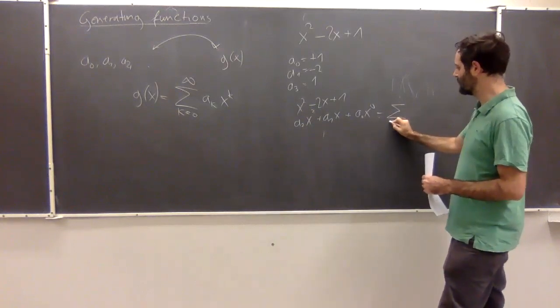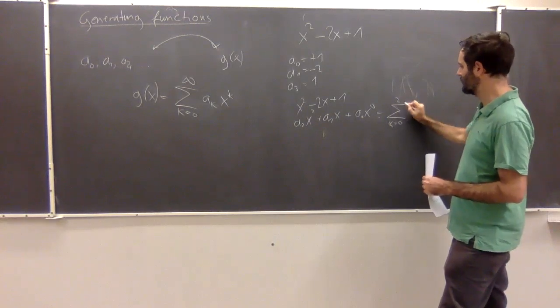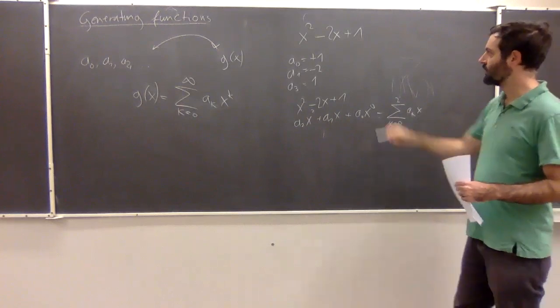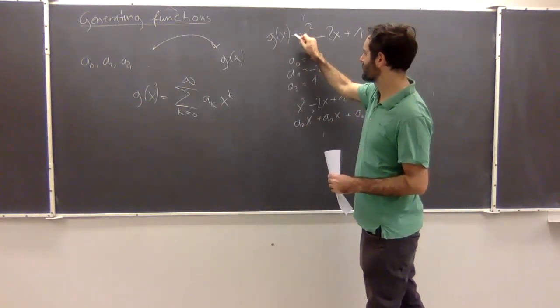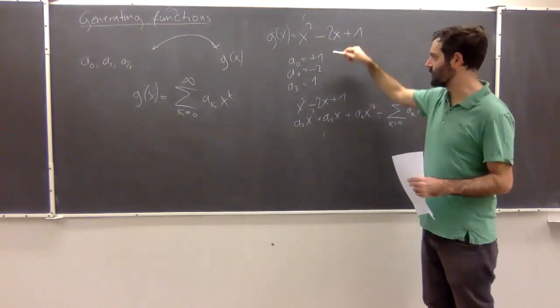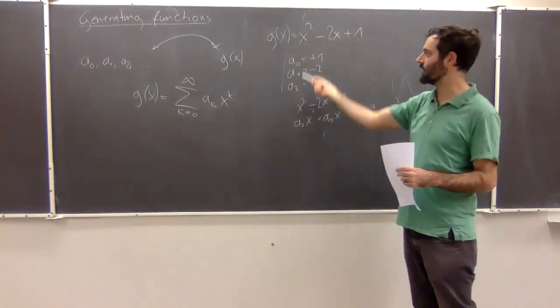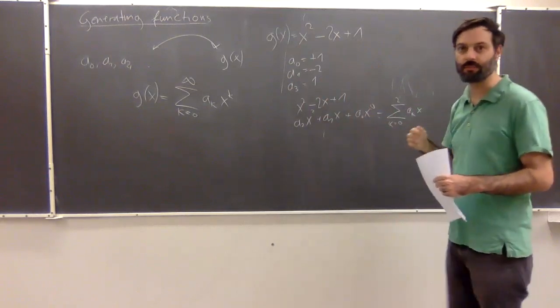In other words, I'm summing k from 0 to 2 of a_k x^k. This is my function g of x, and I have encoded the function in terms of a sequence of 3 numbers. If you tell me the 3 numbers, I get the function back, and if you tell me the function, I get the 3 numbers.